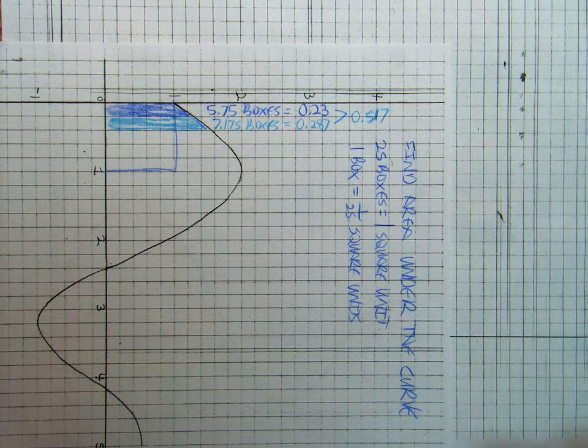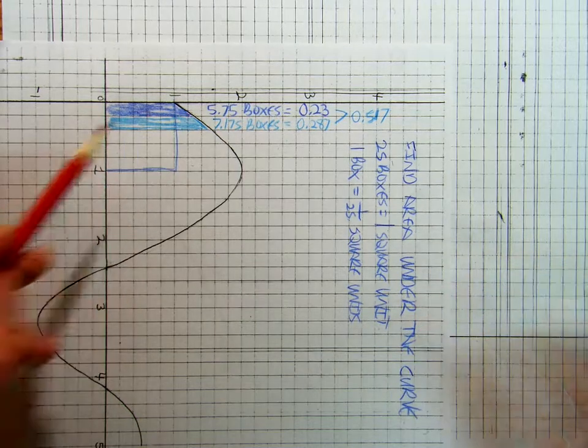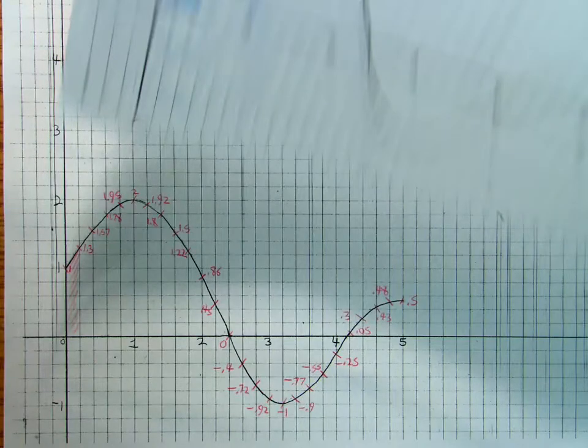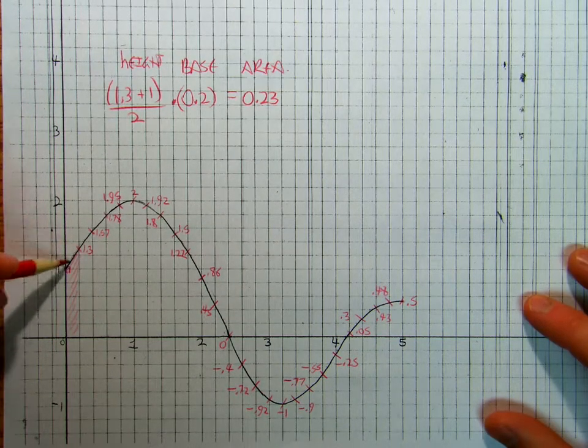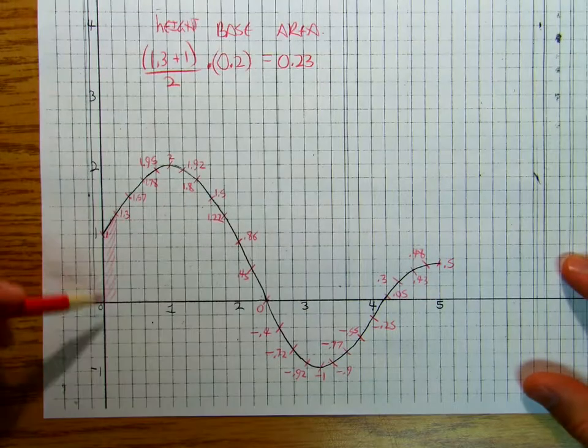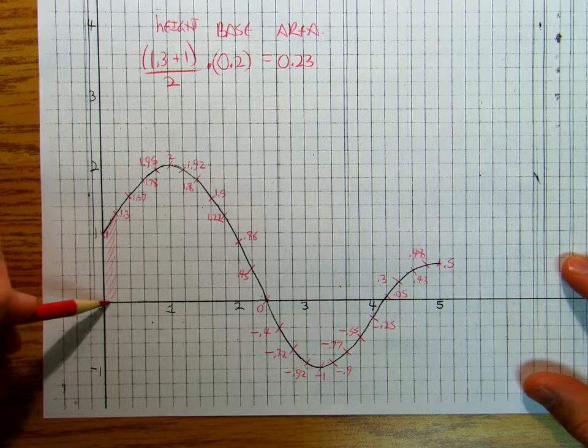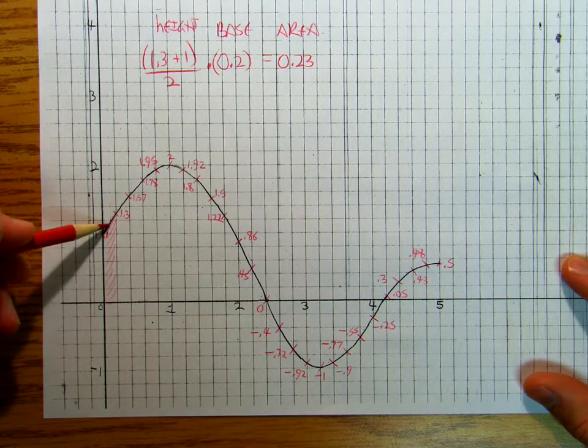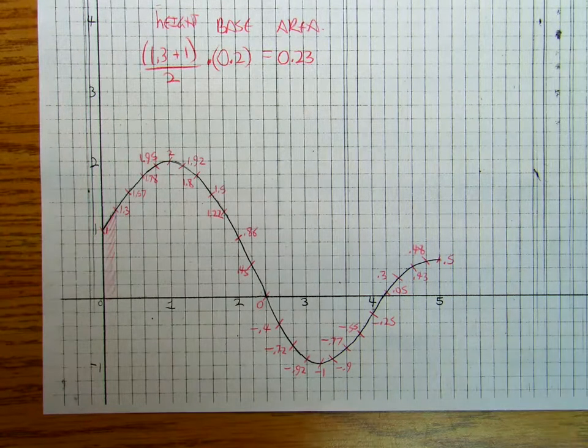Same answer, not surprisingly, because I'm essentially doing it the same way. So I can either count the boxes, or I can take the average height of the column times the width of the box, and do basically base times height.